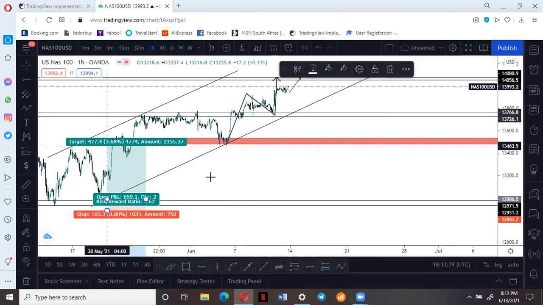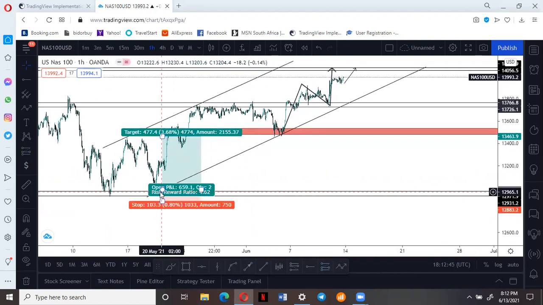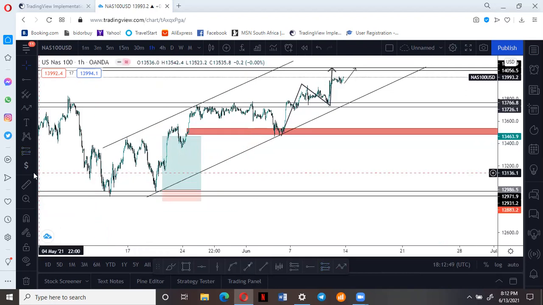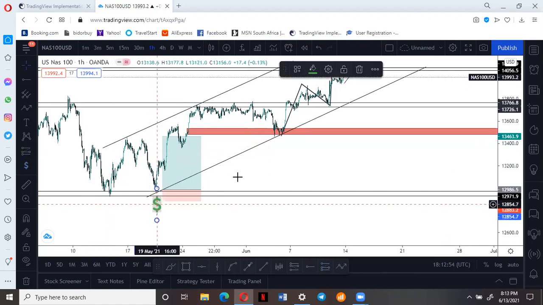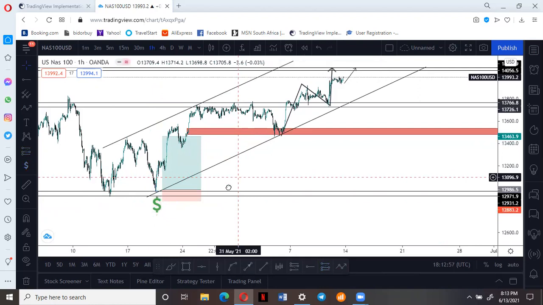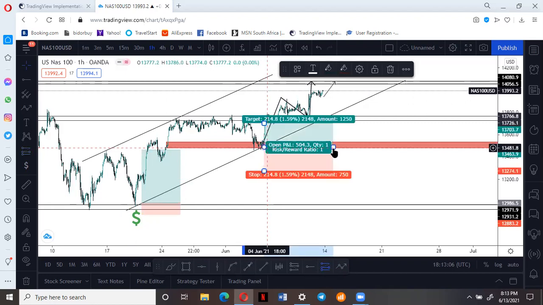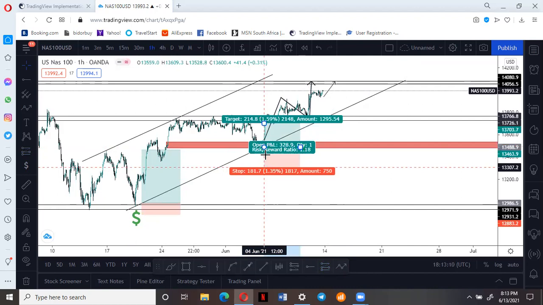Others are there for the long run or the swing run. From a retail perspective, you know that you are going to put your SL here, which leaves money, right? And again, it creates another opportunity for a touch on that trend line, which you enter, and they put their stop loss down there.